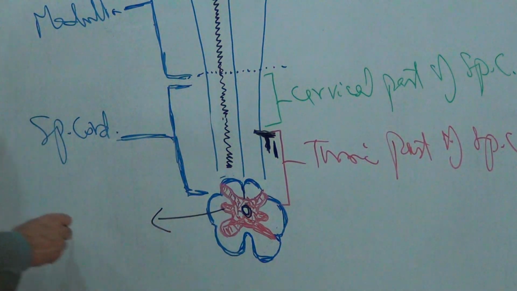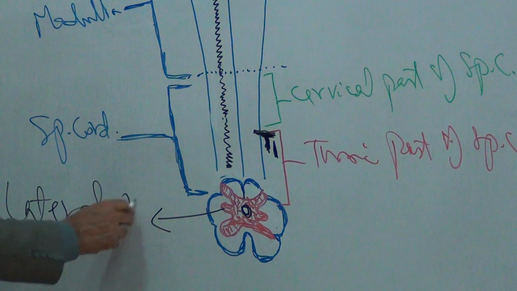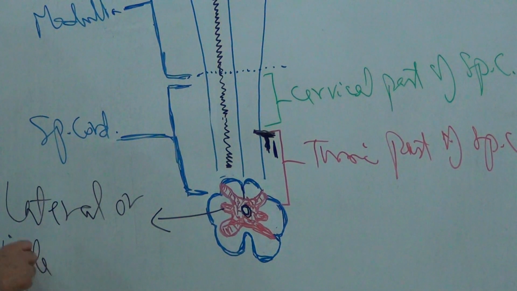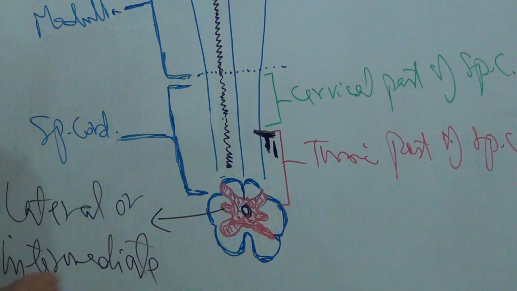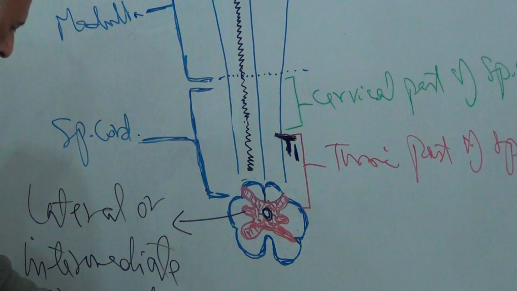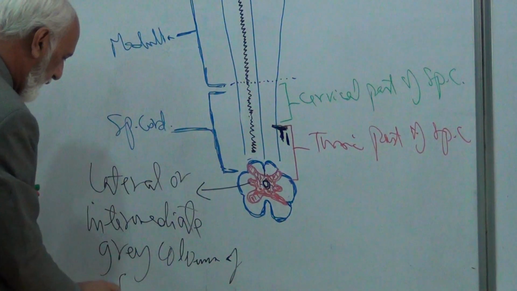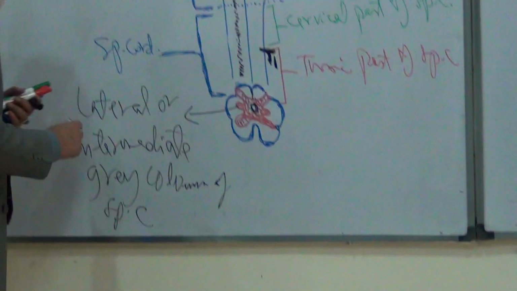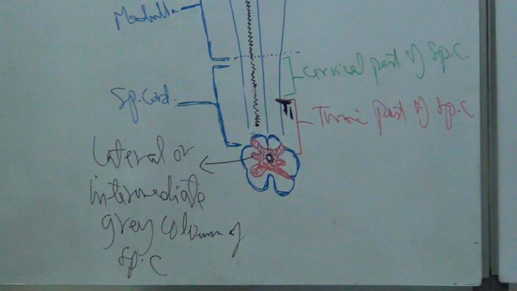So what is this? Lateral or intermediate gray column of the spinal cord. Sympathetic nervous system is thoracolumbar innervation.